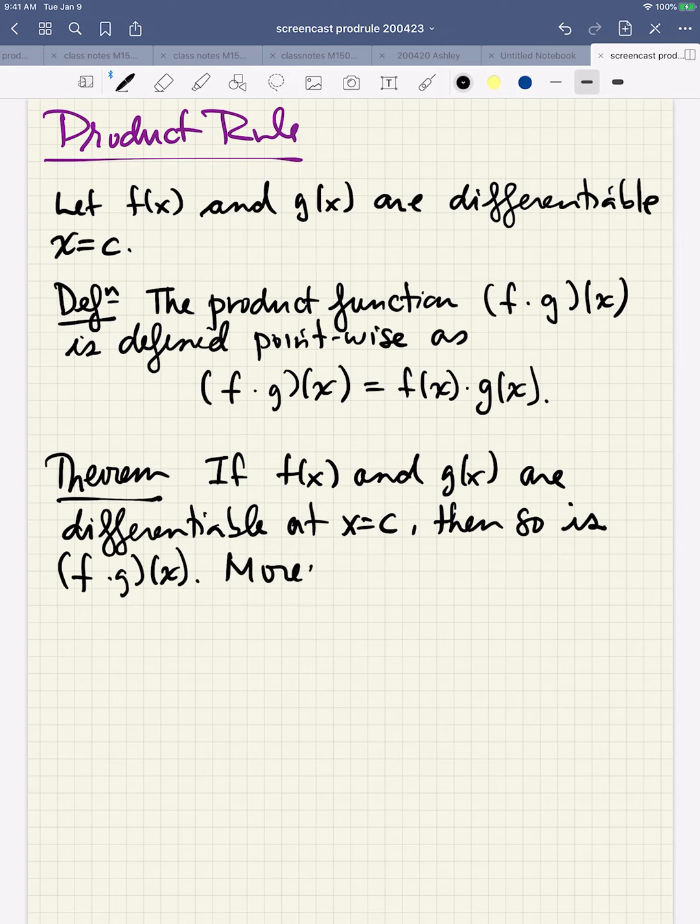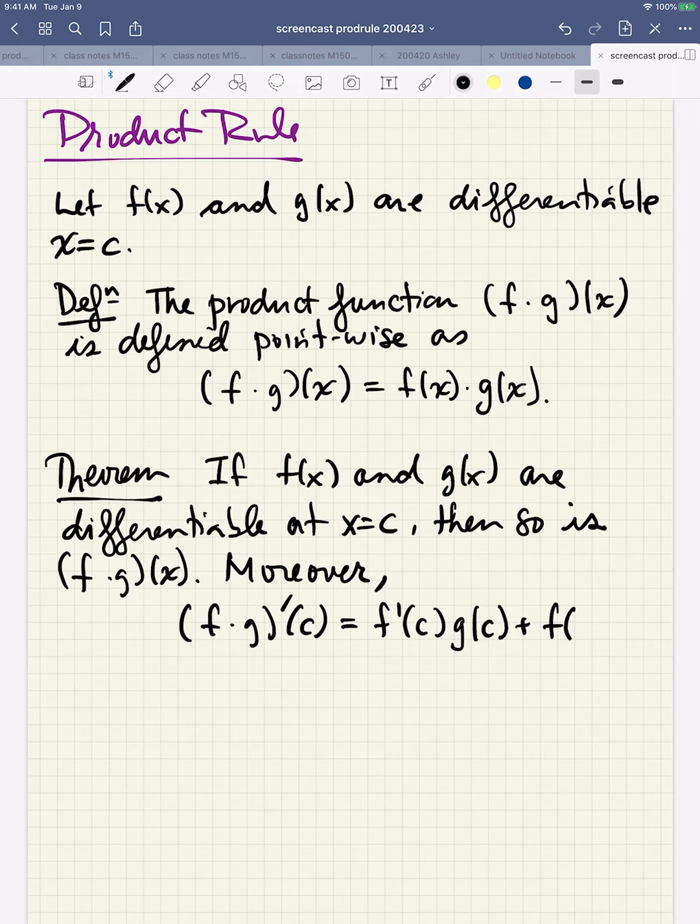And moreover, the derivative of the product function at c is given by this formula. And that's the formula that we know and love.